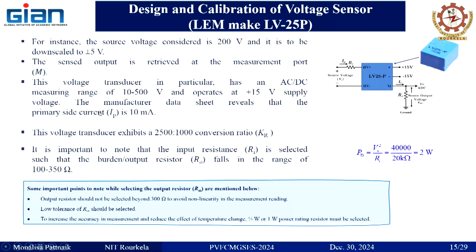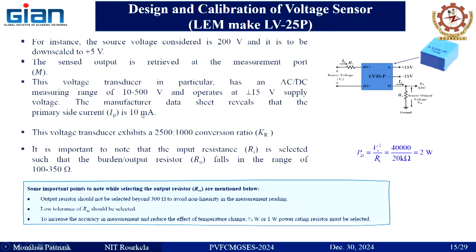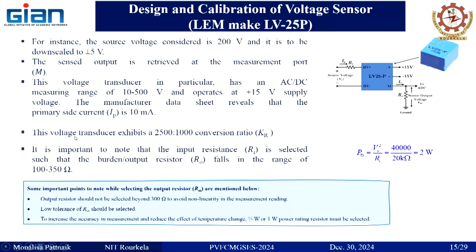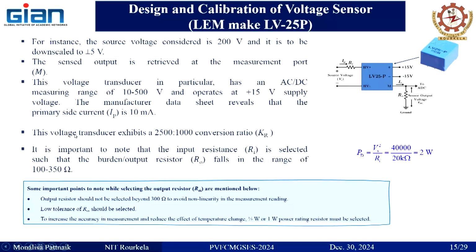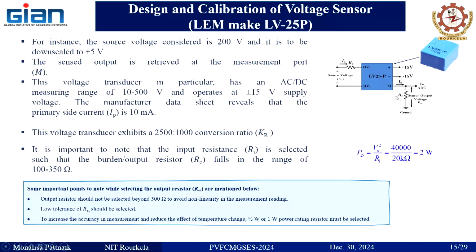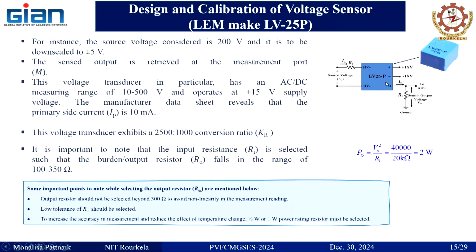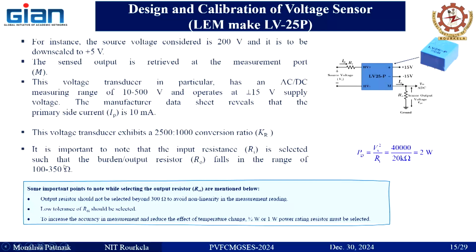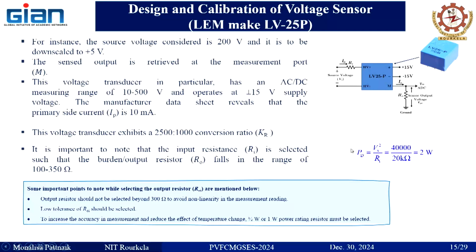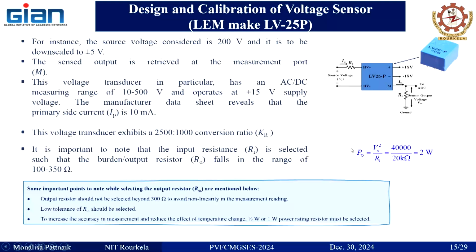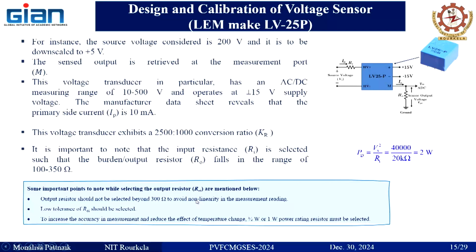provides that the primary current of this sensor is 10 milliampere, and this sensor has a 2500 to 1000 conversion ratio. So here also we are selecting the output resistance and input resistance connected to the system. Here are the relations that we calculate, and the maximum power dissipated at this sensor module is around 2 watt.